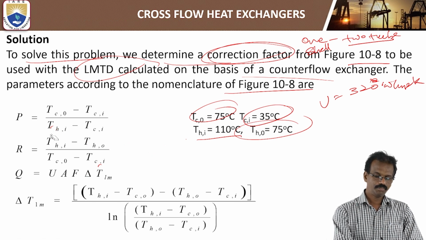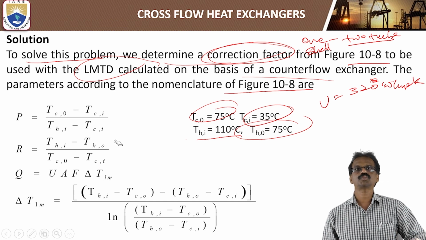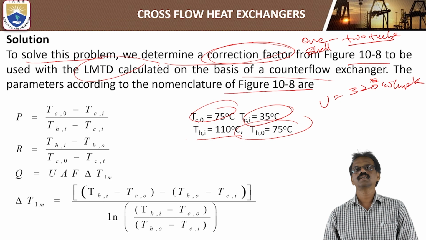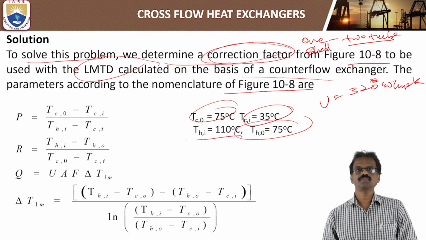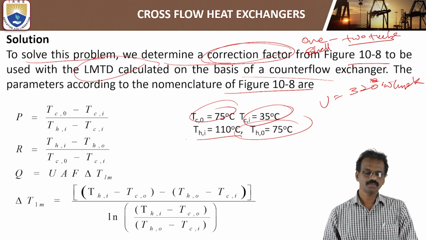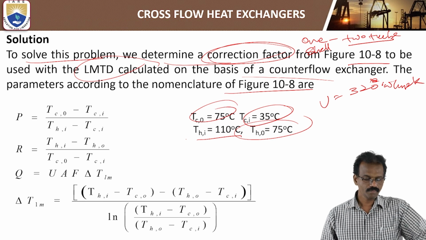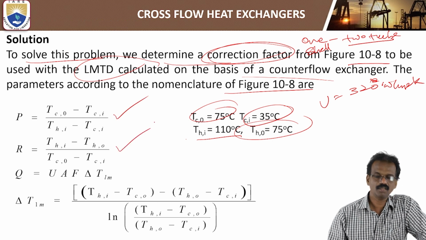You can represent these formulas either like this or with capital letters and small letters. Capital letters show the hot fluid and small letters show the cold fluid. One shows the inlet, two shows the outlet. Don't confuse that. This is the formula for P, this is the formula for R.